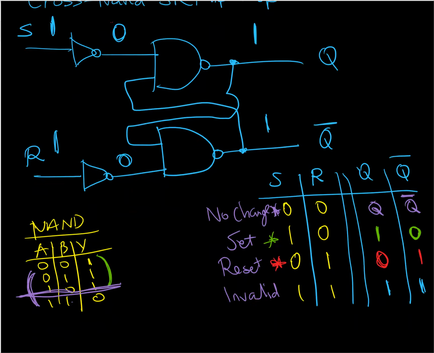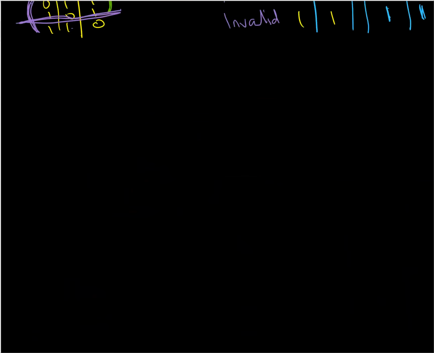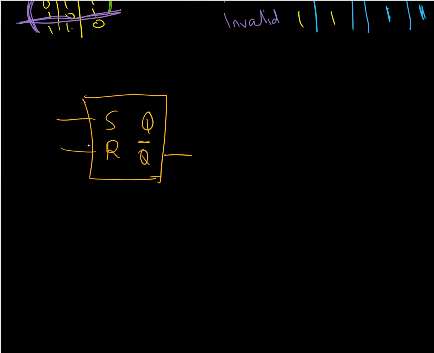Okay. And actually, I'll add to this video, I'll scroll up a little bit. Just in terms of symbology, the diagrams for an SR flip-flop are just shown as a square with S and R on this side as our inputs, and Q and Q bar on that side as our outputs. So when we're building circuits with SR flip-flops, that's how we're going to draw it.